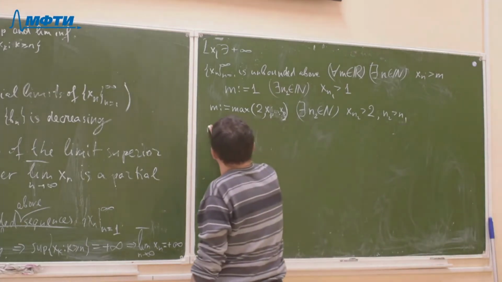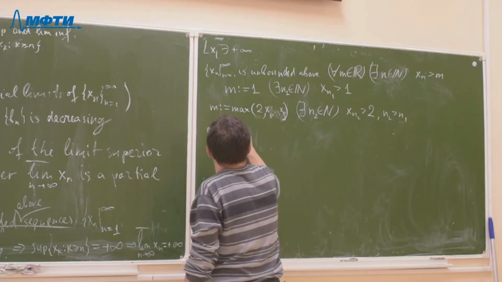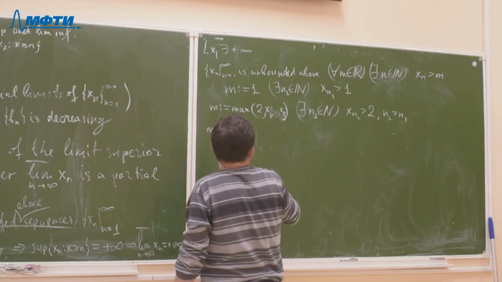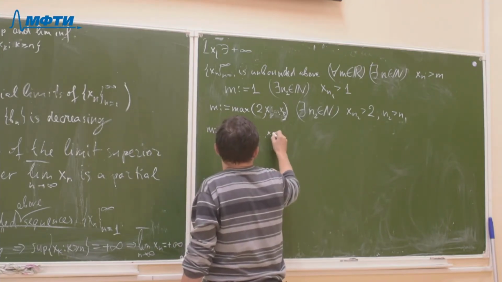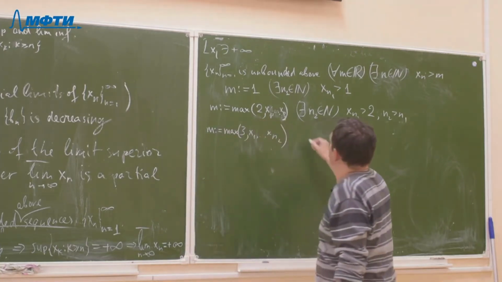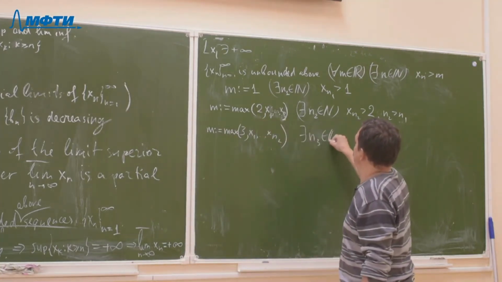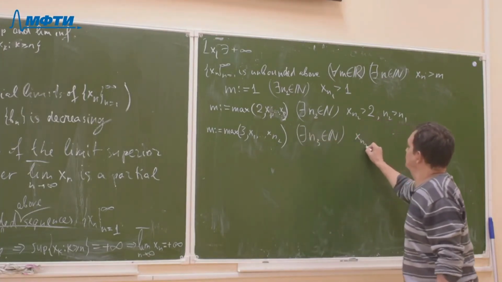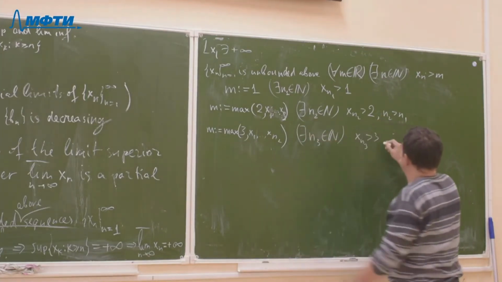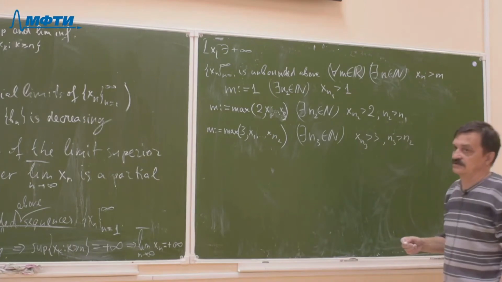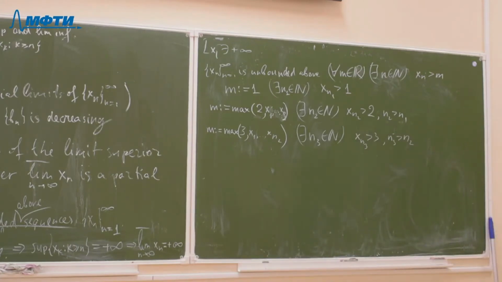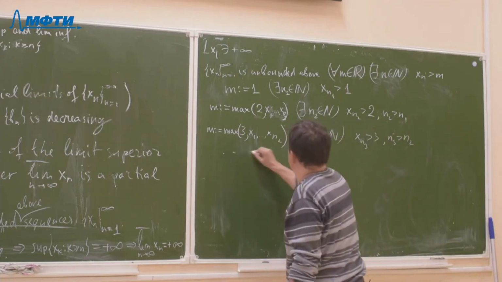Then we can choose m equal to the maximum of 3, x_1, and so on up to x_n2, and there exists n3 such that x_n3 is greater than 3, and n3 is greater than n2 since all smaller indices are not suitable, right? Yes. Then what does it mean? It means we can continue, and so on.